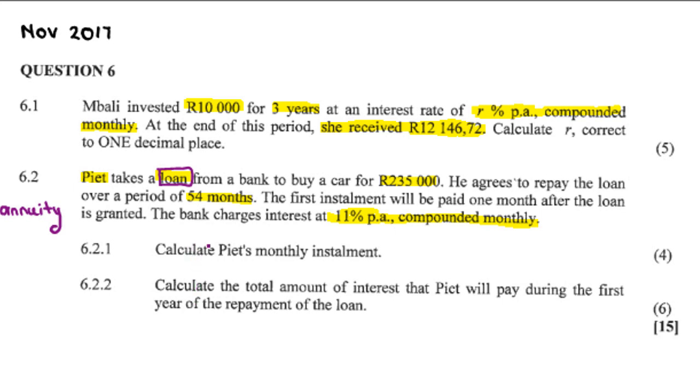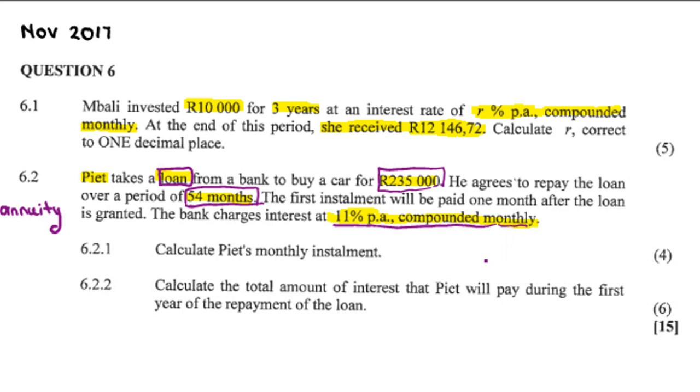And in this question, it is very nice. They gave us our period in terms of months, so there's no conversion that we need to make. So we have 54 months that we're working in, and he took out a loan for 235,000 Rand and is being charged 11% per annum.